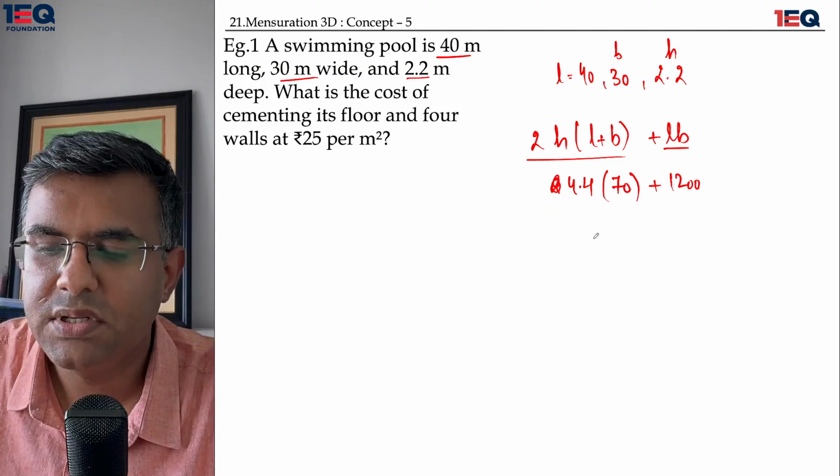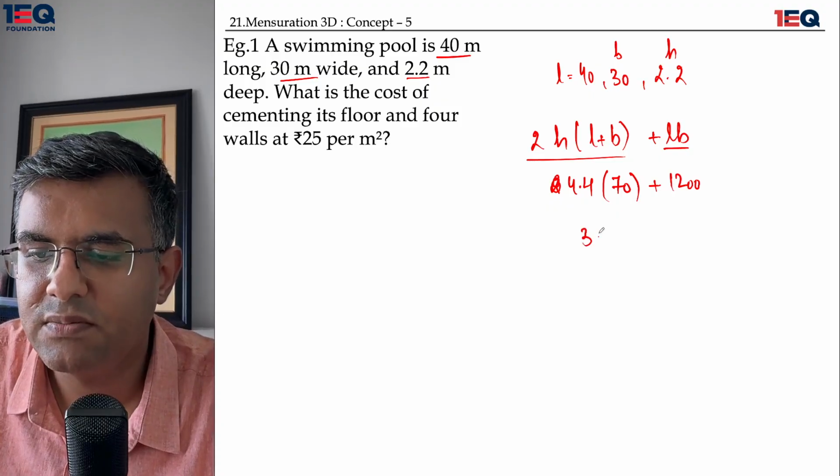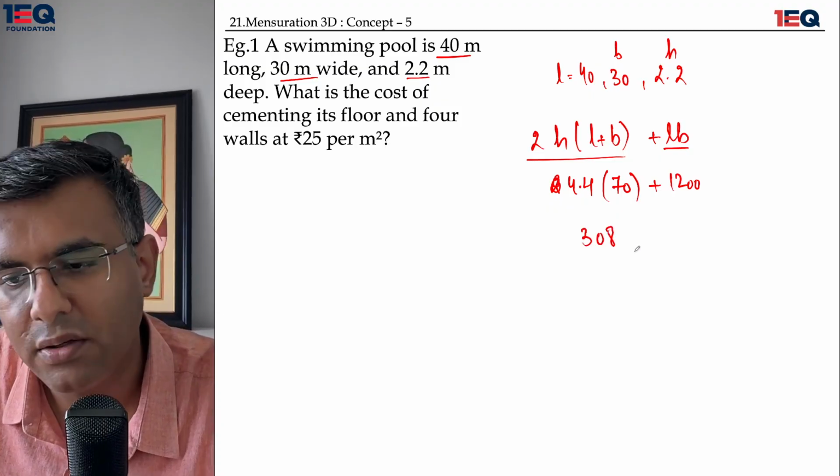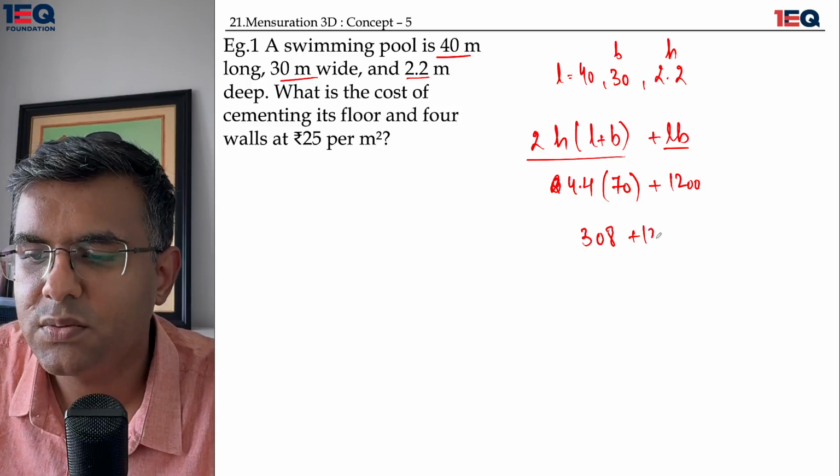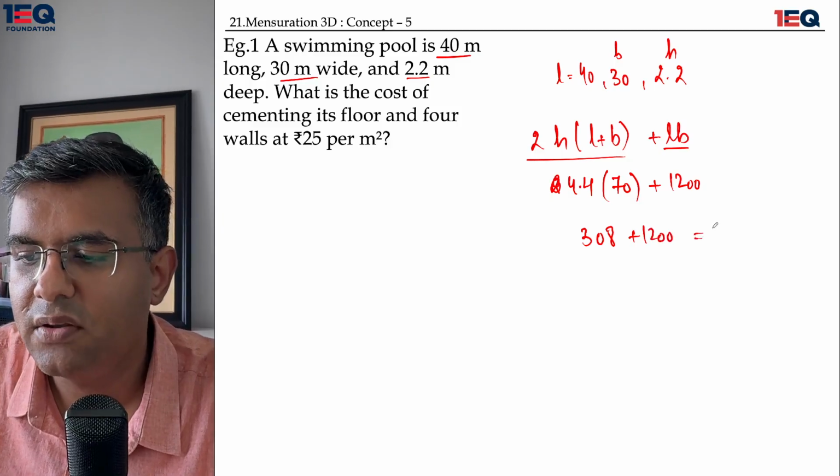Okay, 7 fours are 28. This becomes 308. 308 plus 1200 makes for 1508.